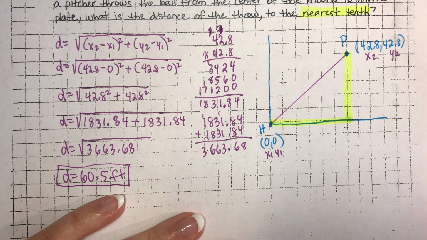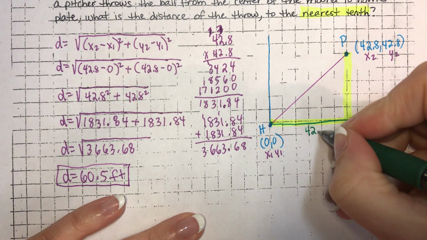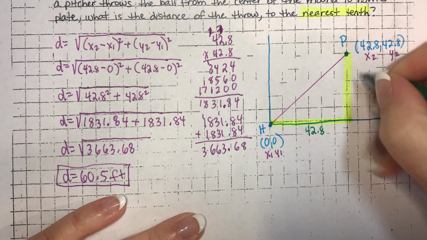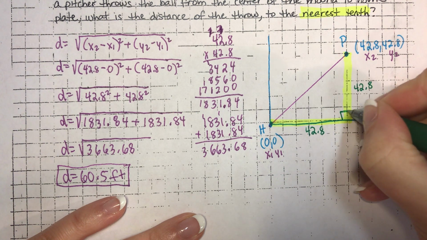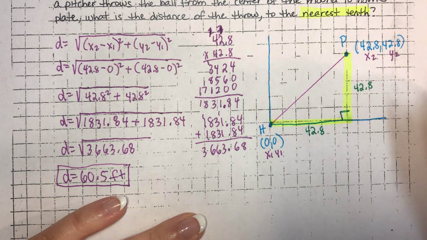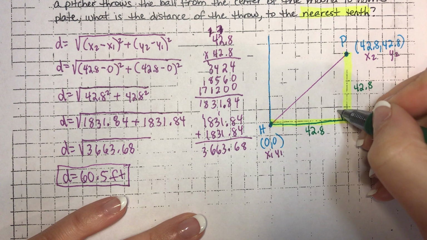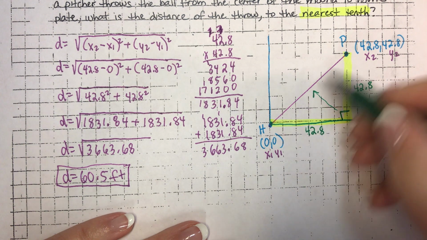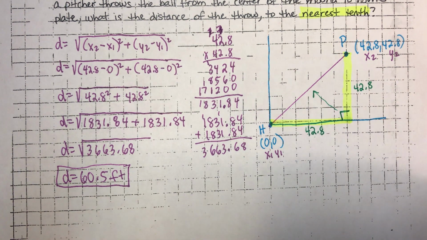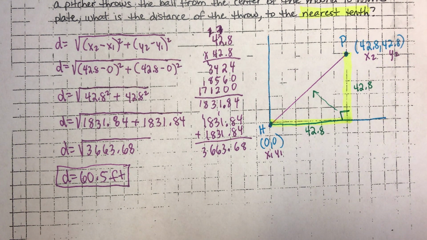Let's use green. So this is 42.8 feet from here to here, and this is 42.8 feet from here to here, and this is our right angle. And so these are the legs. This is the hypotenuse. The hypotenuse is always bigger than the legs. So yeah, that makes sense. Our number has to be bigger than 42.8. So there you go. That's how you do that particular problem.